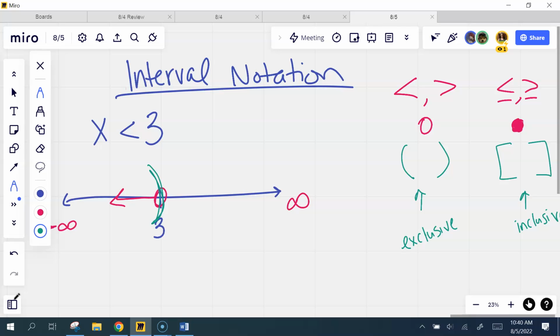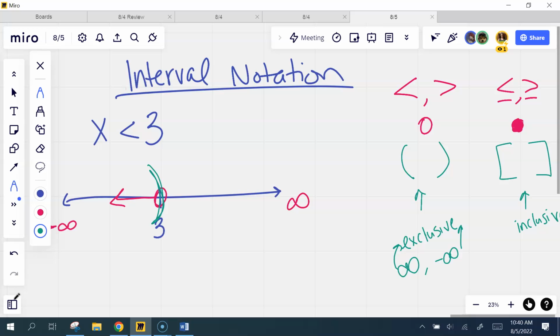Exclusive. Can you be infinity? No. We just talked about that. You can't actually be infinity. So conceptually, anytime you use an infinity or a negative infinity, those are exclusive.